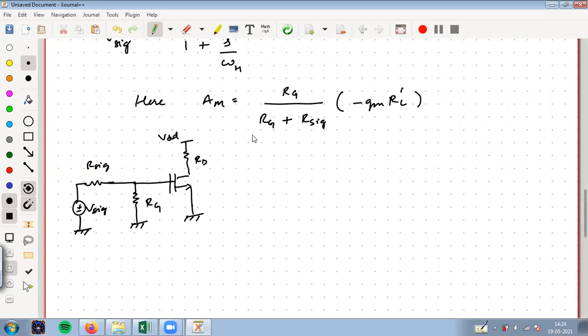For this circuit diagram, this is V naught. So for this circuit diagram, the midband gain will be this.